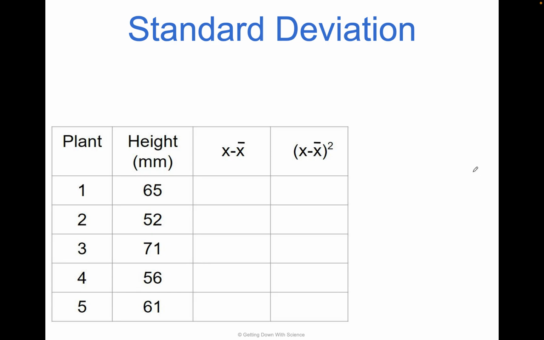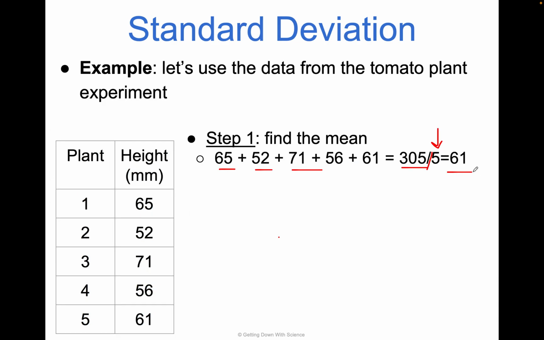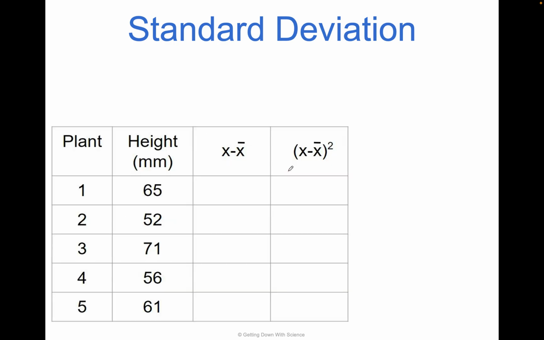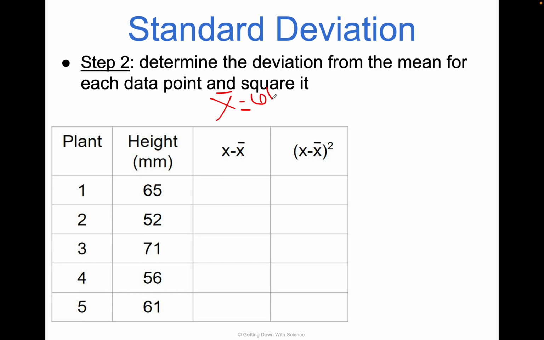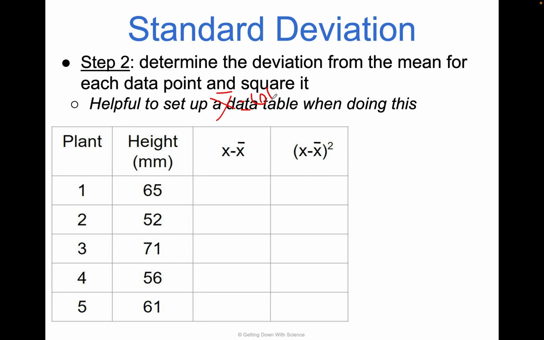So 61. A lot of times we're going to set up charts, right? Some of these larger statistical analyses are better when you look at them in chart form. So remember our mean, which is x-bar, is 61. Okay, so we're going to determine the deviation from each point and square it. It's helpful to use a table.